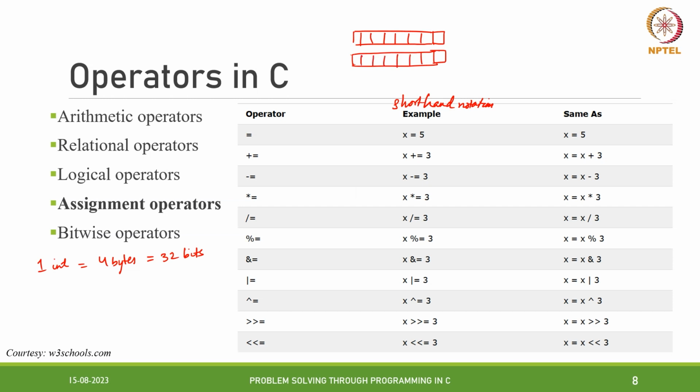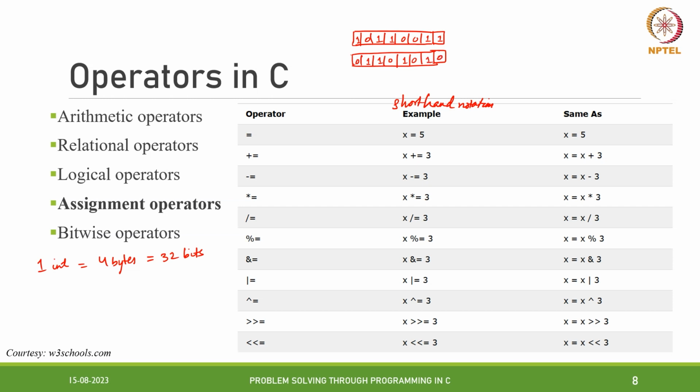Bitwise operation, as the name suggests, happens on the bits, that is, each of these memory blocks. Each of these memory blocks has either the value 0 or 1 stored in it. And similarly here also you will have something like 0 1 1 0 1 0 1 0.